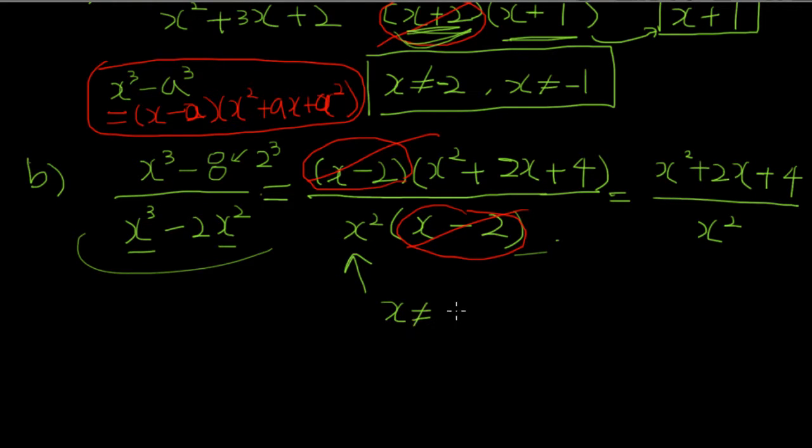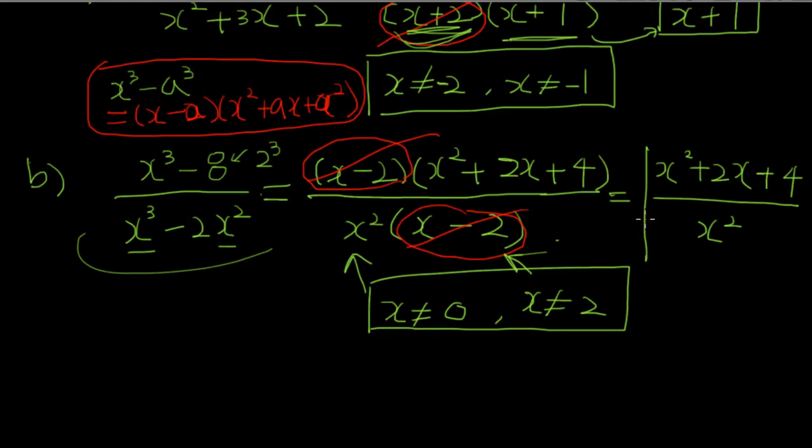So we do not want x to be equal to 0. Now from here, we do not want x to be equal to 2, right? So this 2 plus this would be our final answer.